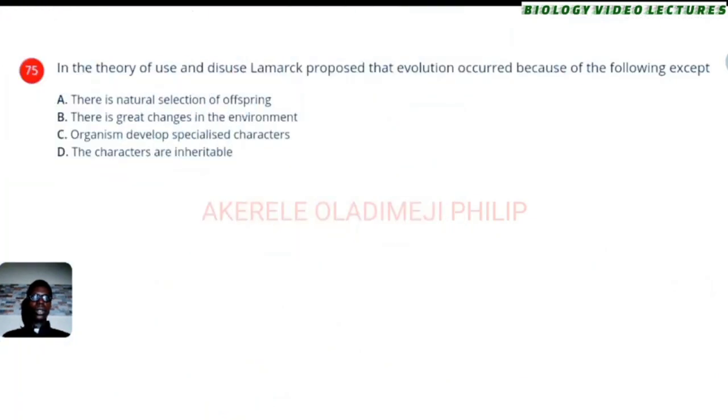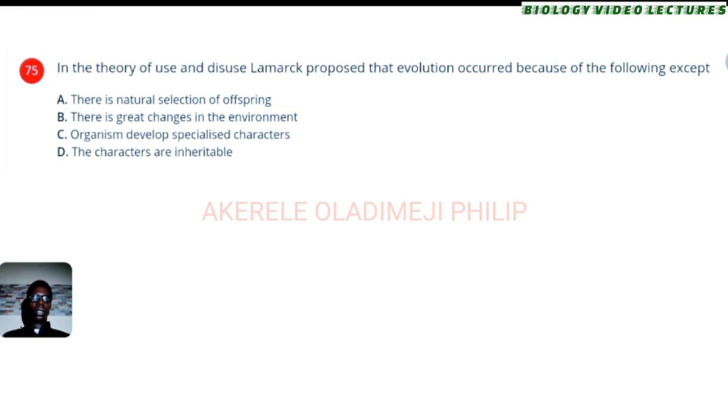In the theory of use and disuse, Lamarck proposed that evolution occurred because of the following, except: natural selection of offspring, there are great changes in the environment, organisms develop special characters, the characters are inheritable.